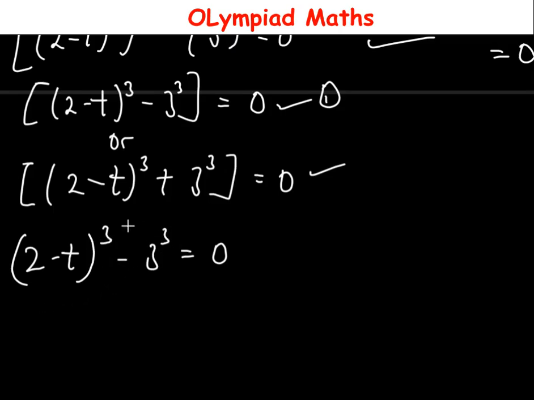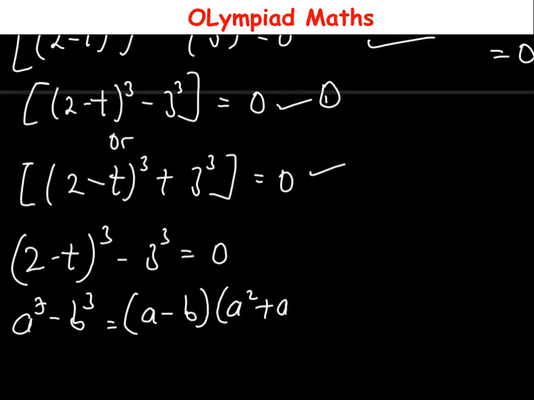If you have a^3 − b^3, this is expressed in the form of (a − b)(a^2 + ab + b^2). With this, the value of a in this case is 2 − t, and the value of b is 3.